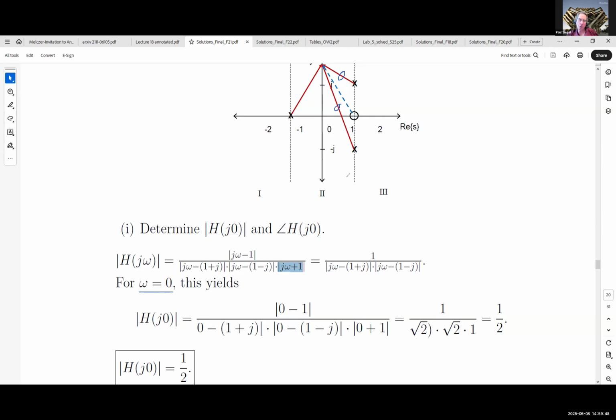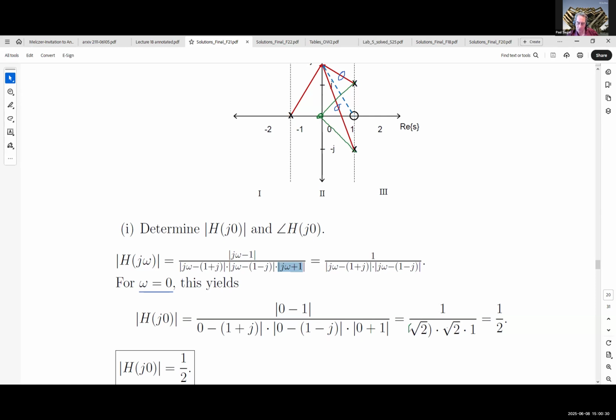So if you plug omega equals 0 in there, the two lengths you're interested in are this length, because that's the j omega equals 0 point, and this length. Use the Pythagorean theorem to figure out the length of that hypotenuse. It's going to be square root of 2 because both these lengths are 1. So that's where the square root of 2 comes in for both of those factors.